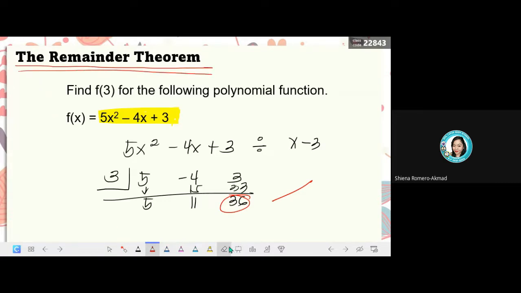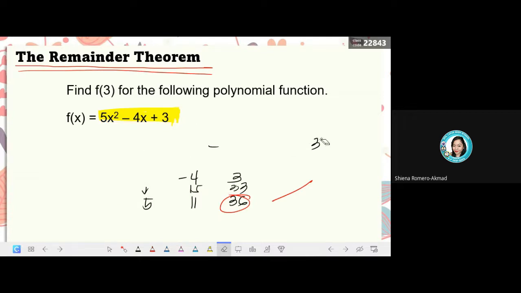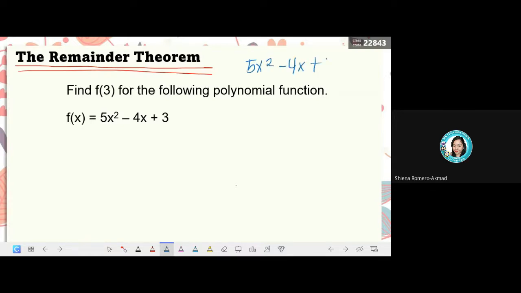Paano po? Let me show you how. So, pwede natin gamitin ang remainder theorem because we can also get the remainder by substituting the value of x. So, originally, ito yung given natin, divided by x minus 3.